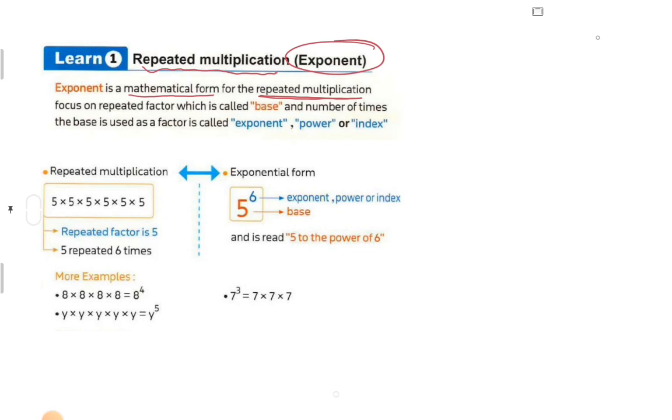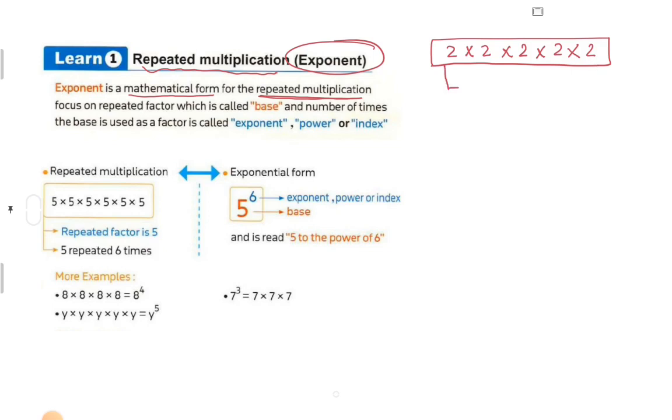That means we have an operation consisting of times, more than one multiplication, and it's the same number: 2 times 2 times 2 times 2 times 2. Now we have a mathematical form, but it's repeated multiplication.